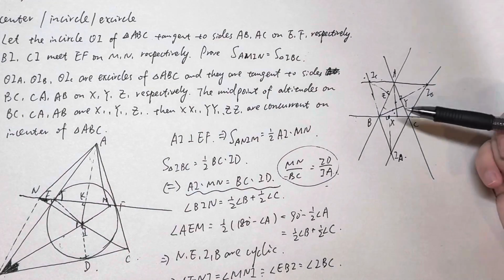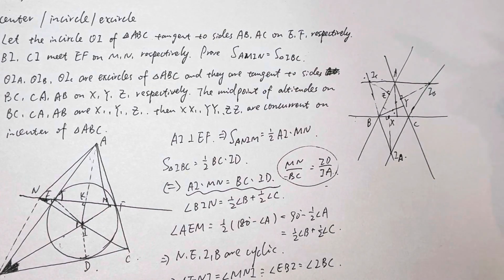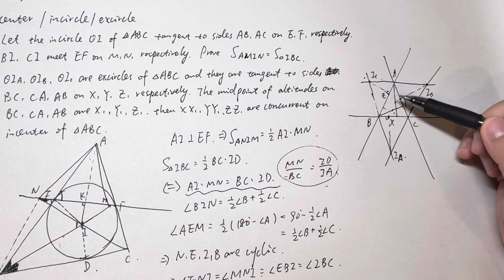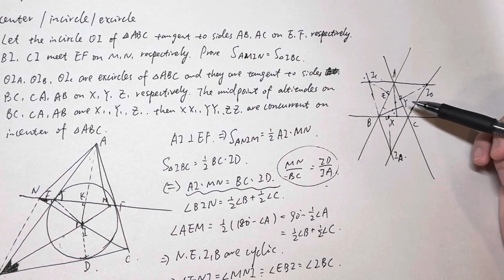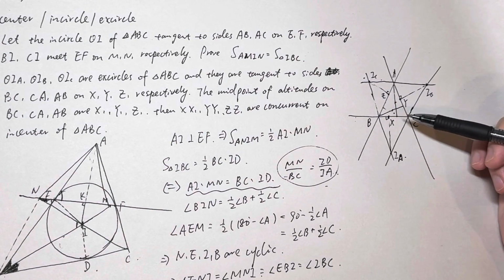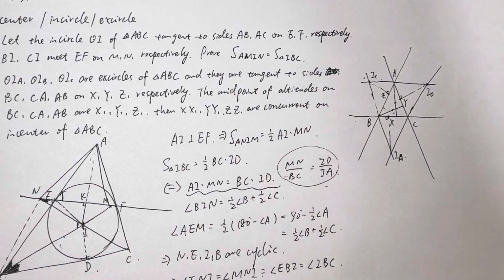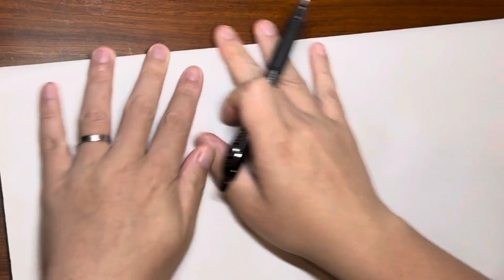Because if X, X1, I are collinear, that automatically means Y, Y1, I are collinear and Z, Z1, I are collinear, which means XX1, YY1, ZZ1 are all concurrent at the incenter of triangle ABC. So let's redraw the figure and think about the problem.